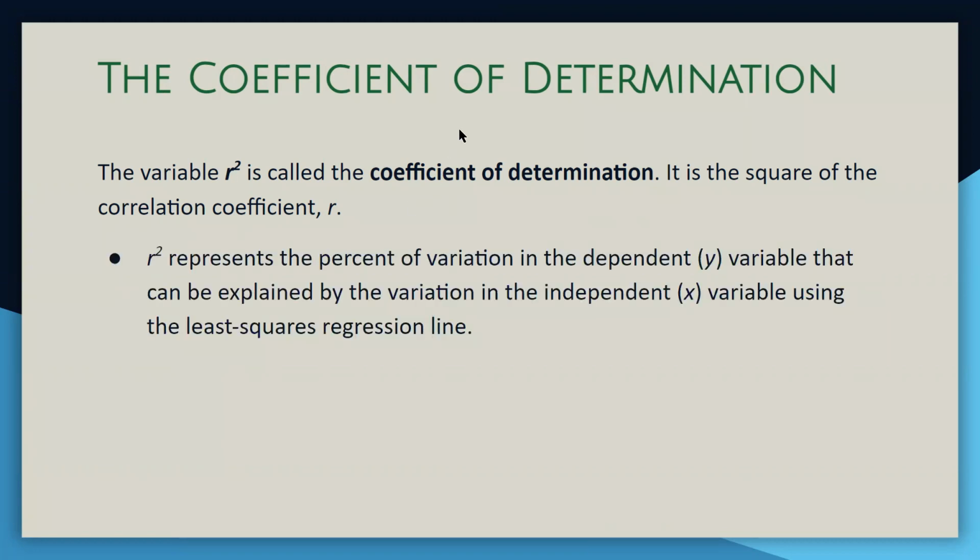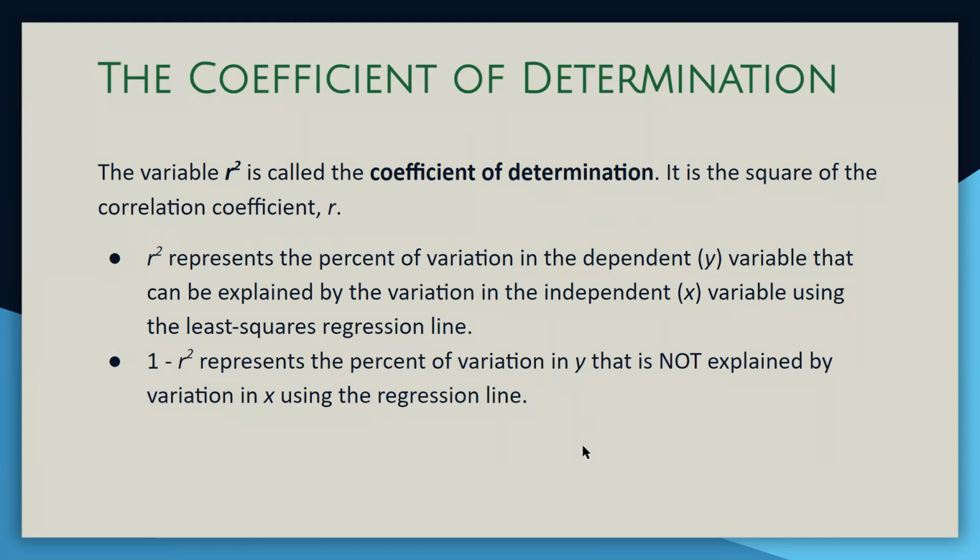What that represents is the percent of variation in Y that can be explained by the variation in X. 1 minus R squared, or the complement of the coefficient of determination, represents the percent of variation in Y that's not explained by the variation in X. So a bigger R squared value indicates a stronger relationship between X and Y. And the bigger R squared is, the smaller that 1 minus R squared value will be.